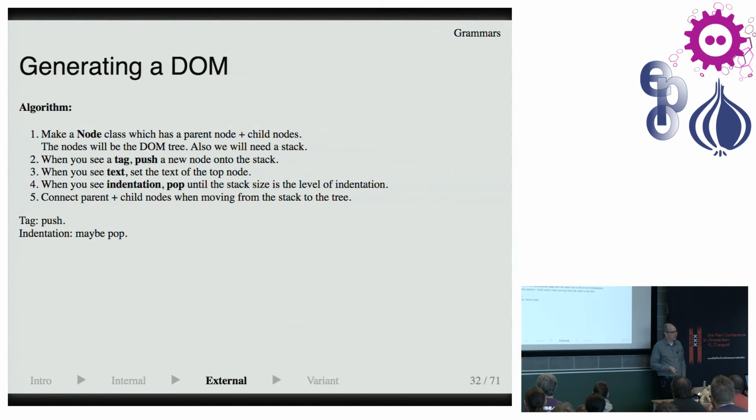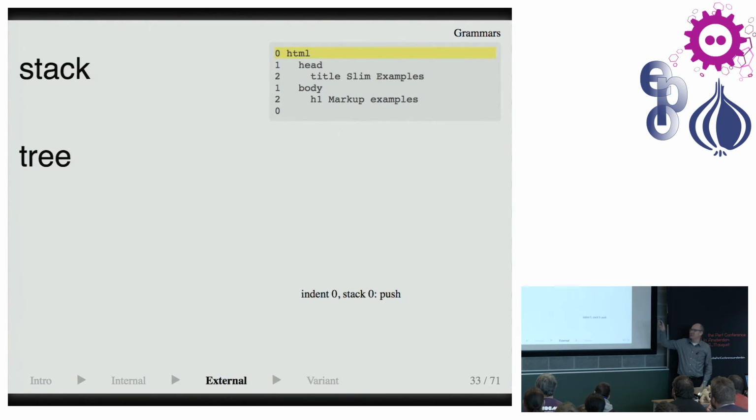This sounds a little confusing, so what we're going to do now is walk through an example of this algorithm at work before I show you the Perl 6 code to do it, so that you believe that it works. Here's the text on the right that we're parsing.